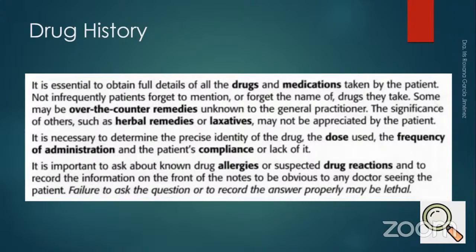They forget names, they can confuse the names of the drugs, or they can add some drugs that actually are not taken. Some may be over-the-counter remedies, unknown to the general practitioner, or even unknown to the patient.